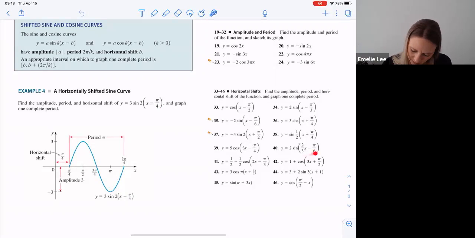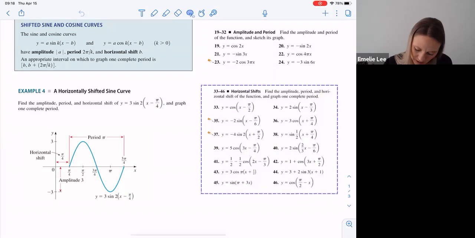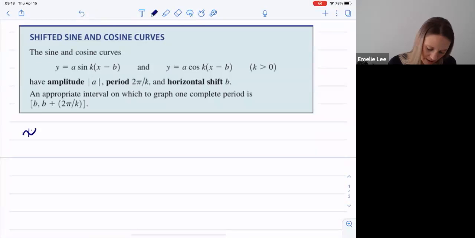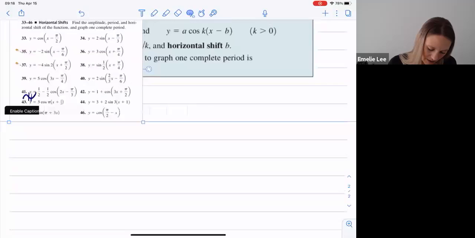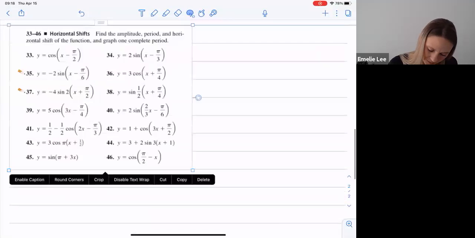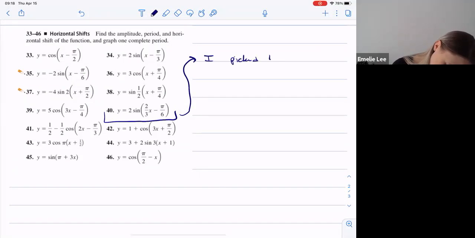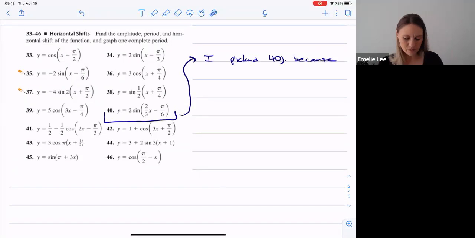Okay, so we said we were going to do 40 together. And I'll tell you why I picked this one, because I want you to be able to keep an eye out. So we're going to do 40, and I picked 40 because the reason is that I wanted something that had something being multiplied by x in here, right?